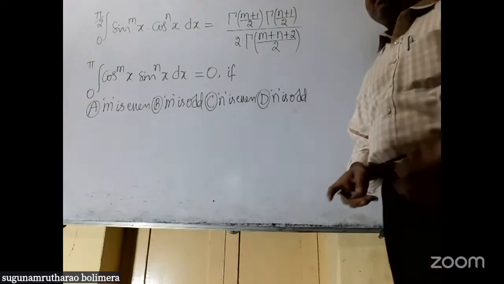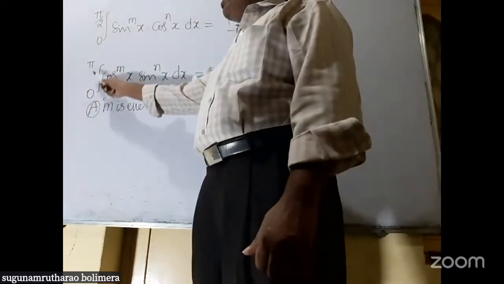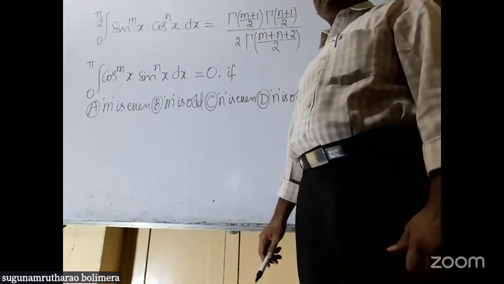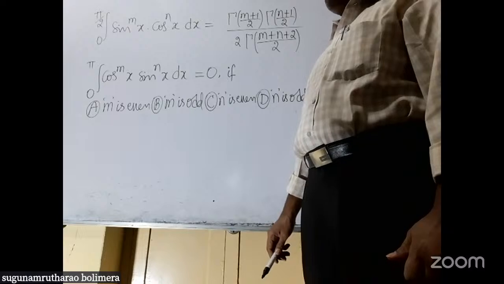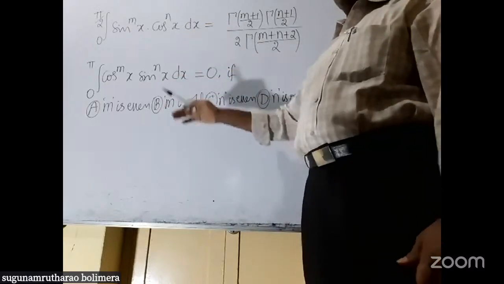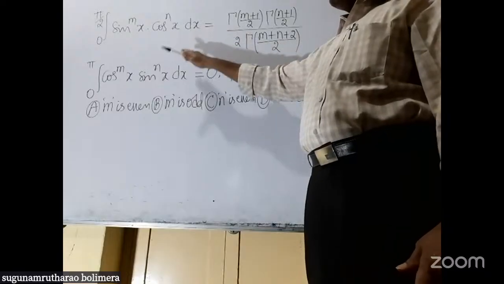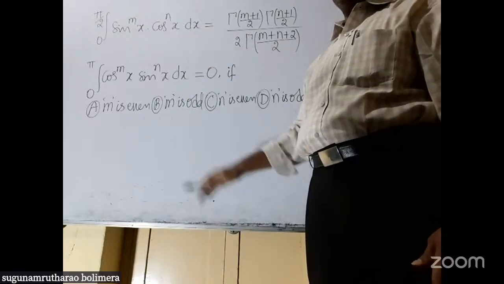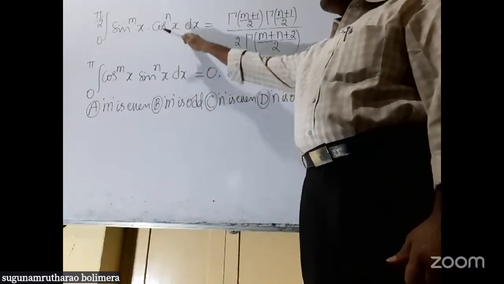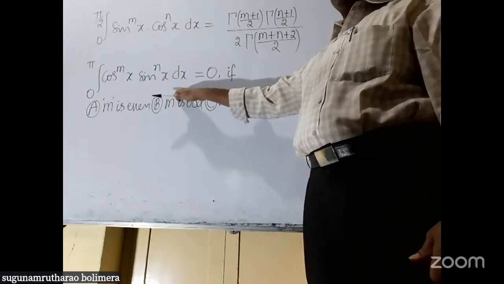See here, we are having integral 0 to pi. If you want to utilize the 0 to pi by 2 formula, actually it has no use in doing this one, that one is not going to be applicable here.